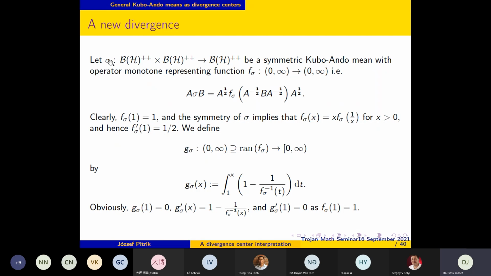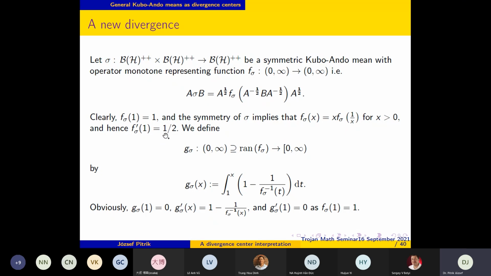So if we have a symmetric Kubo-Ando mean sigma with representing function f sigma, we know that we can write it in this form, and it's a symmetric mean. By the Kubo-Ando theorem, we have that f sigma is equal to 1 at 1, and the symmetry of sigma implies this equation. Hence, it means that the derivative at 1 is equal to half.